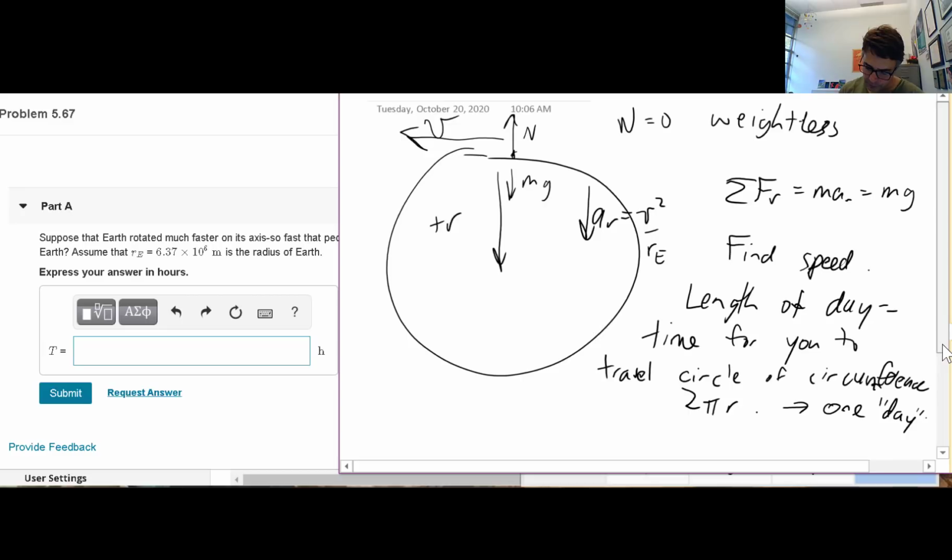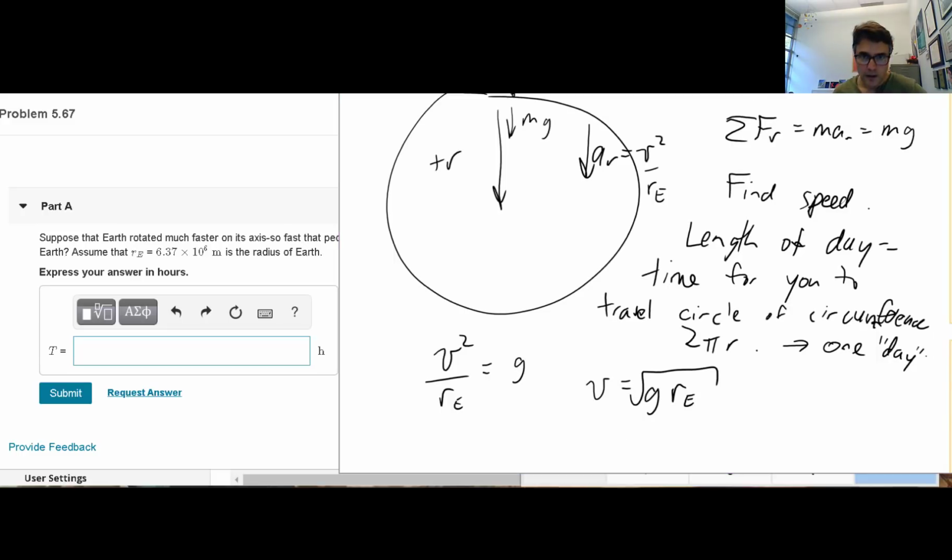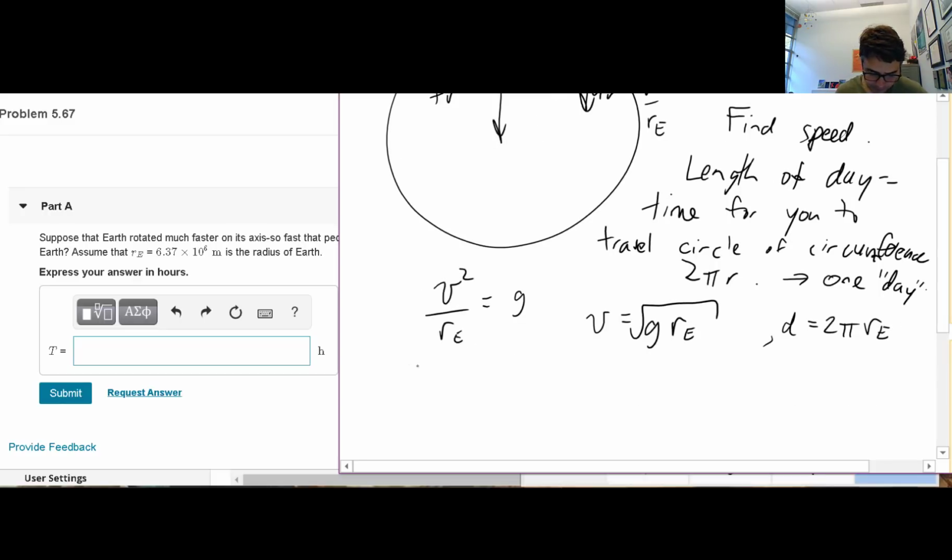Okay, so we've sort of done this one before. How fast would you be? It's called a low Earth orbit. So v squared over re is equal to g. So v is equal to the square root of g times r. So now that we have the speed, we know the distance that the thing travels. D is equal to 2 pi times r sub e, and this is a constant speed.